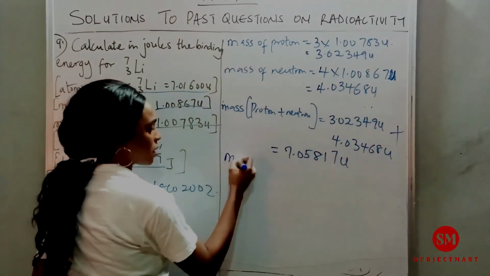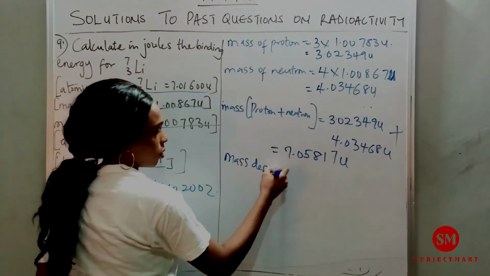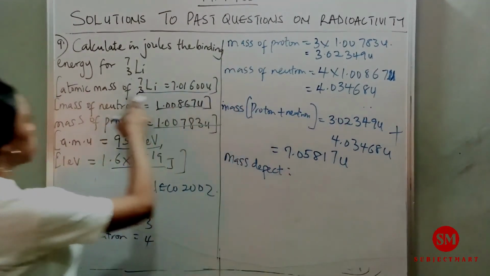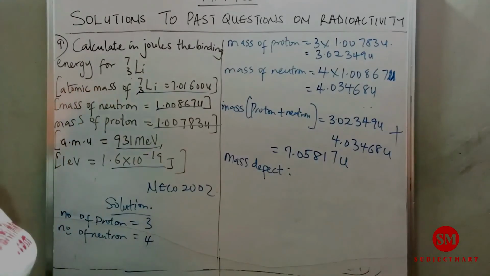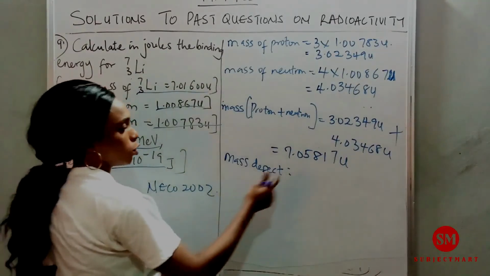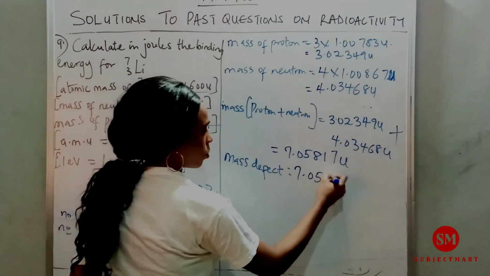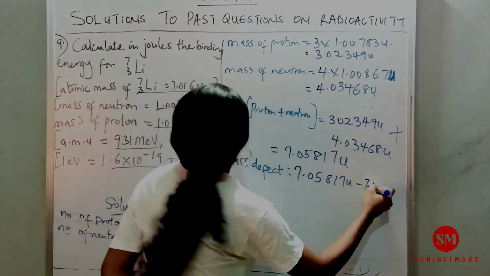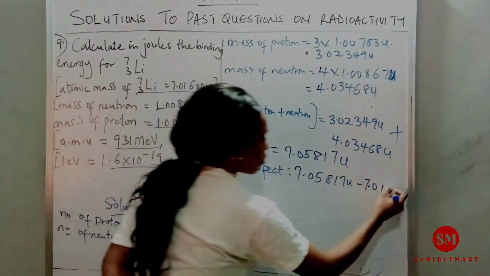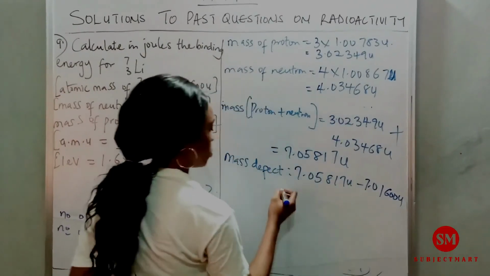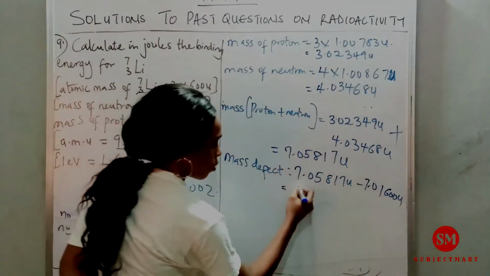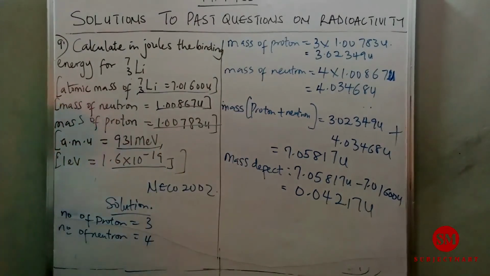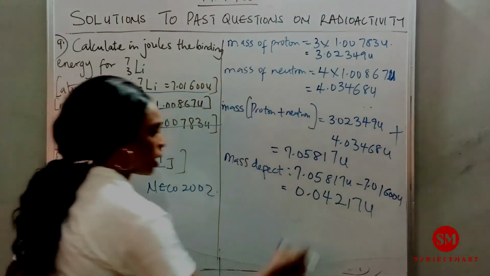So to find the mass defect, that's the difference in mass between when we have proton and neutron and then the atomic mass of lithium. That will be 7.05817 minus this 7.01600 U. And that will give me 0.04217 U. So we need to change from that to electron volts.